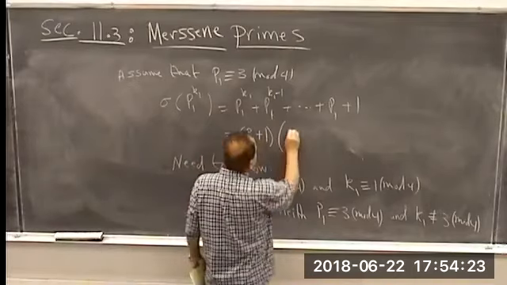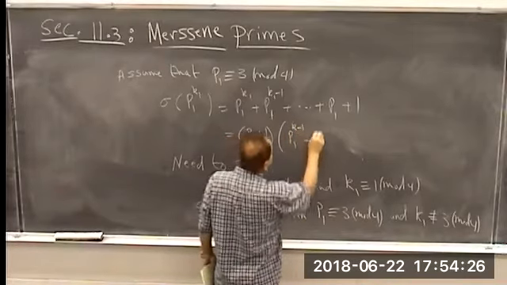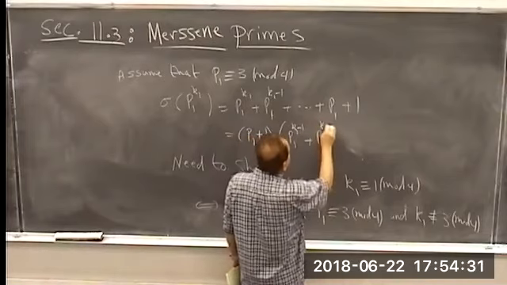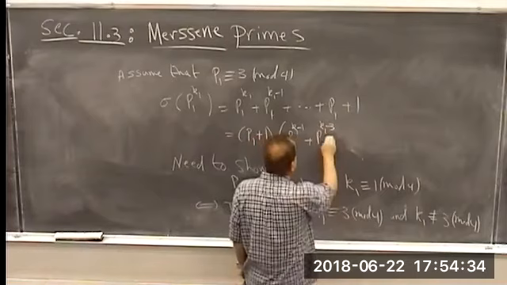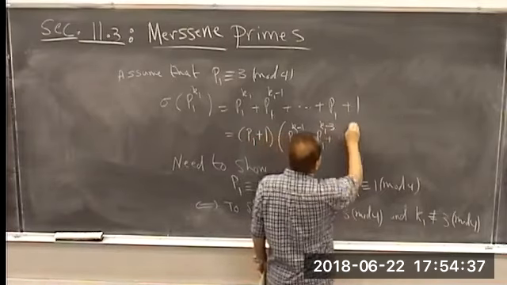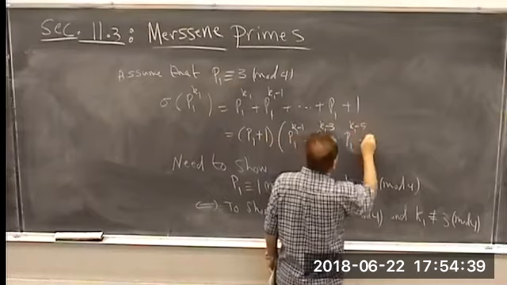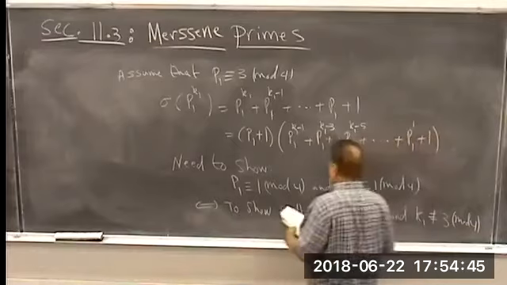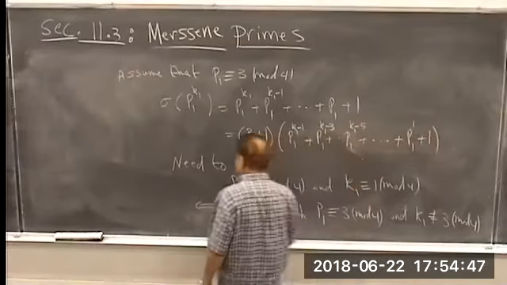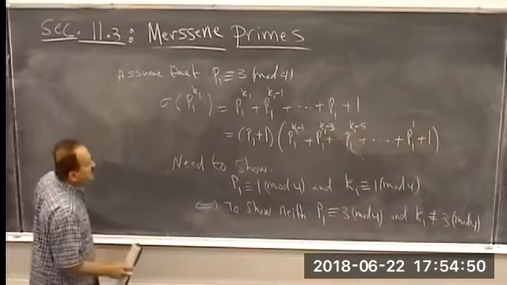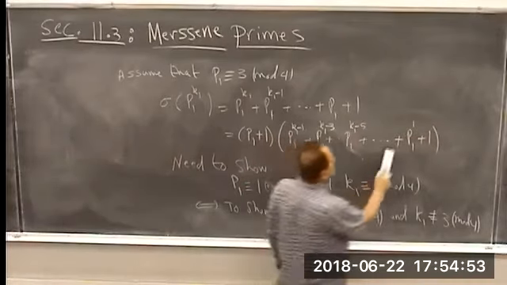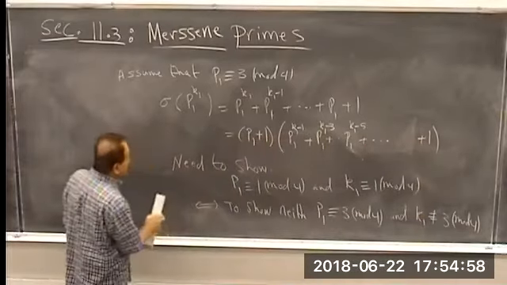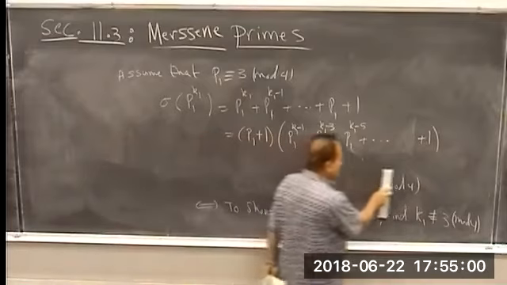In here, we're going to take p_1 to the k_1 minus 1, then p_1 to the k_1 minus 3, so we subtract the odd numbers. Then we have p_1 to the k_1 minus 5, and so on, until you reach one. I don't know what the biggest exponent will be.